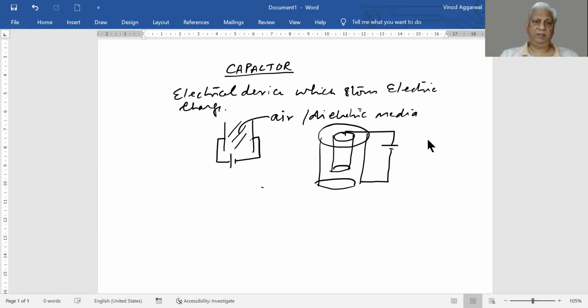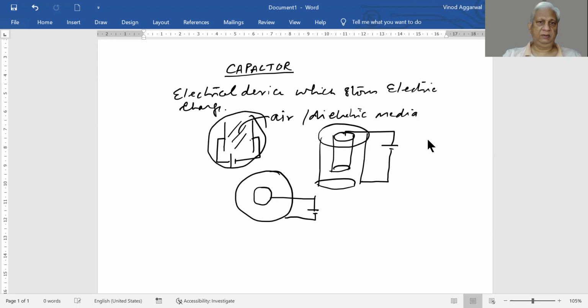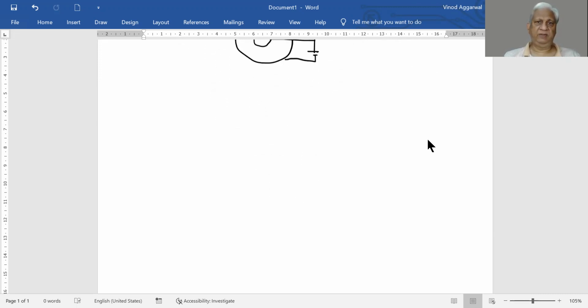Or it could be even spherical. This could be one terminal. Any shape. But usually they are parallel types.